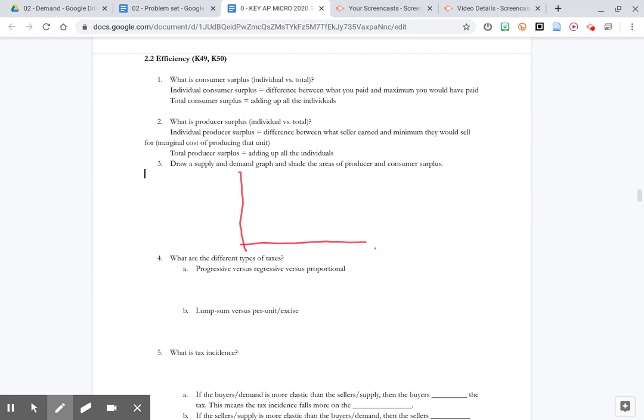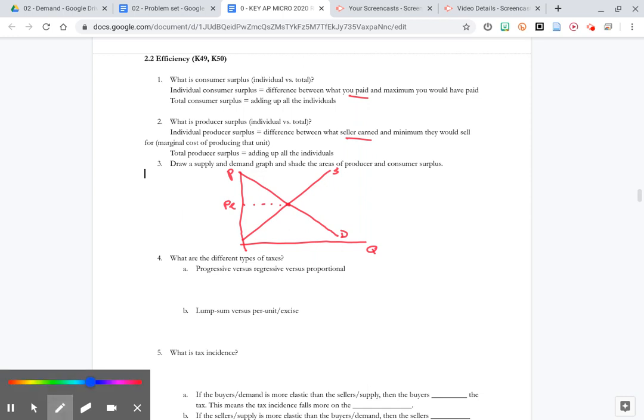So we're going to have quantity and price, and we're going to need a demand and a supply curve for this. So demand and supply. Now in this basic model, right, the price is the same for both, right? The price that gets paid versus the price the seller earns, that's the price. That's the equilibrium price. And I'm going to switch colors here for a second.